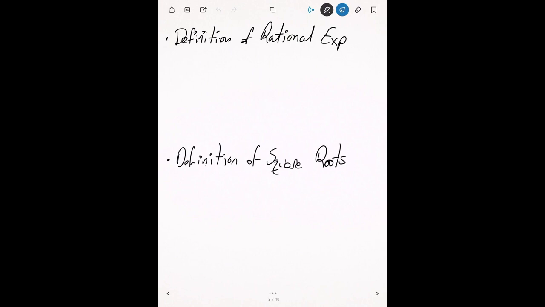Okay, if I took any root, so I have some radicand, and I'm taking a root of that, so the nth root. The nth root is actually a rational exponent. This means that the exponent is like a fraction, 1 over n.